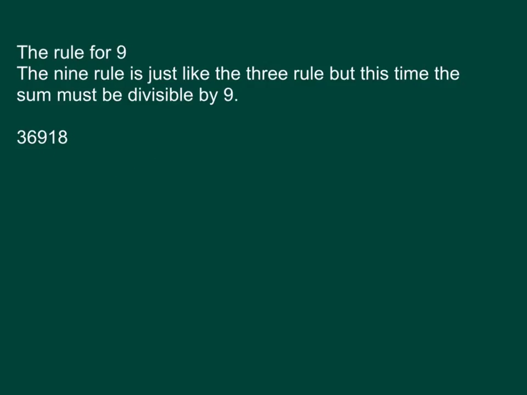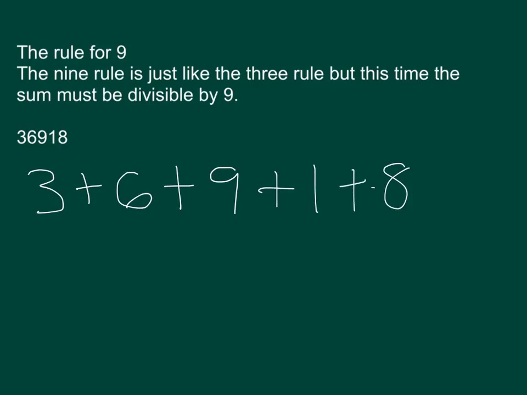Okay, and the last rule I'm going to cover here in this presentation is for 9. And the 9 rule is just like the 3 rule. The only difference is that the sum of all the numbers must be divisible by 9, not 3. So let's go ahead and take a look. So we have 3 plus 6 plus 9 plus 1 plus 8. There we go. And so, well, let's see.